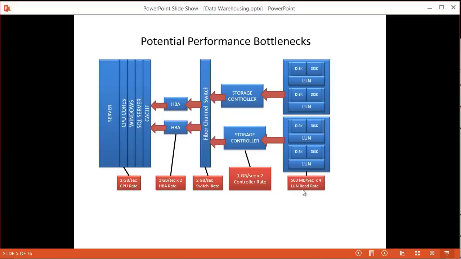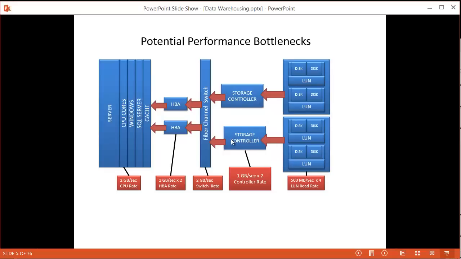Again, starting on the right hand side, for each enclosure, each big rectangle here that has, in my graphic, 2 LUNs supported by 2 disks apiece, each LUN gets 500 megabytes per second throughput, and there's 2 in each enclosure, so that gives me roughly 2 gigabytes per second throughput coming out of my whole storage setup: 2 arrays, 2 LUNs, 2 disks per LUN.